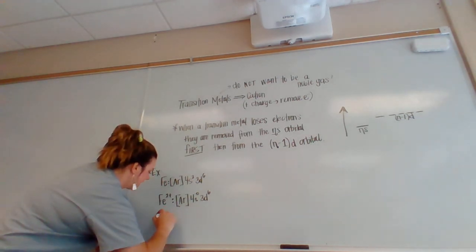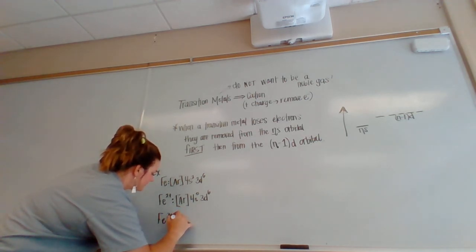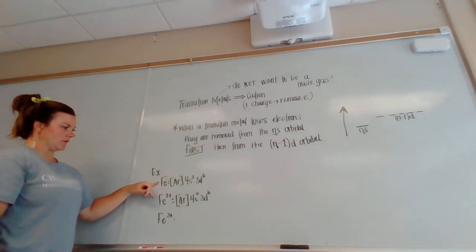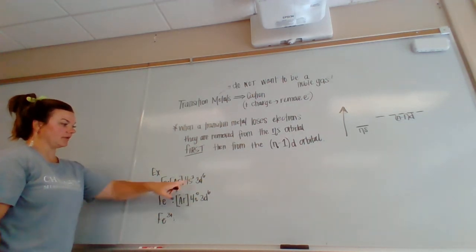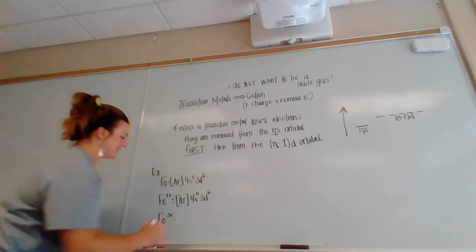Iron also likes to form 3+. So go back to the starting point. I want to take 3 electrons this time, so I'm going to take 2 out of the s and 1 out of the d.